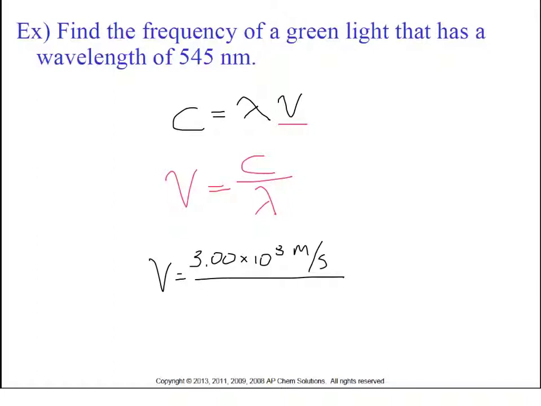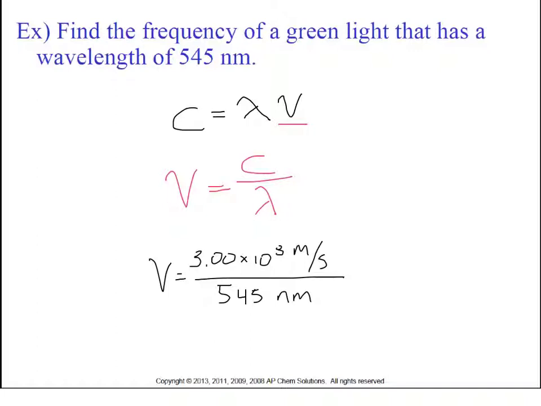All right, the wavelength is 545 nanometers, so now we can solve. Oh, what's that you say? We can't solve yet because we have nanometers here and meters up there. You are absolutely correct. Since we wrote down units just like we're supposed to, we caught that mistake. And we can see that nanometers will not cancel out meters, so we need to put that into meters.